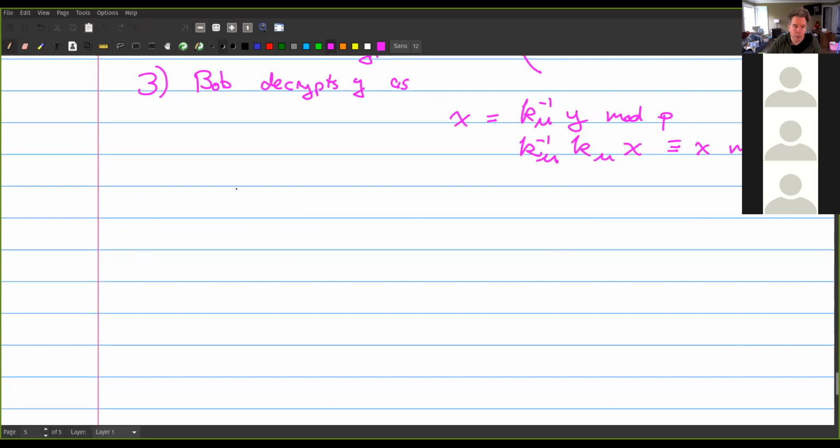So here's an example. Let's do p equals 101, and it turns out that alpha equals 2 is a generator for that group. So here's Alice's part. This is not the ElGamal protocol, which we'll talk about in a second.